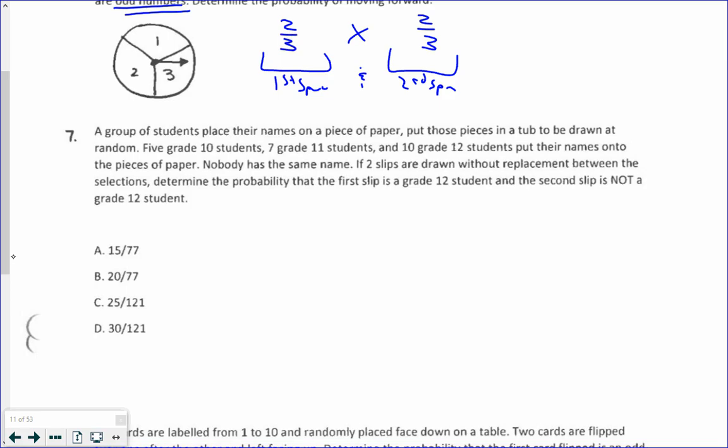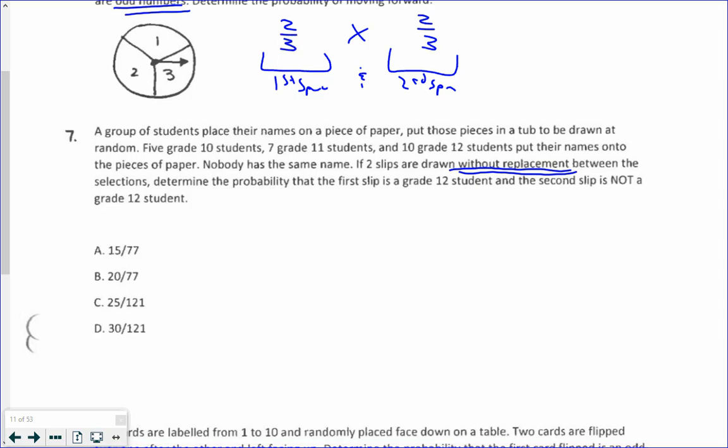If 2 slips are drawn without replacement, okay, what does that mean? Without replacement means you take the first name out, and then you do not put it back, and then you pull out the second. This is what we call dependent events, because the first event mucks up the second event.